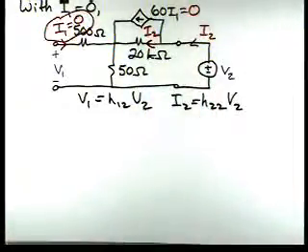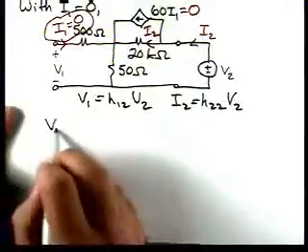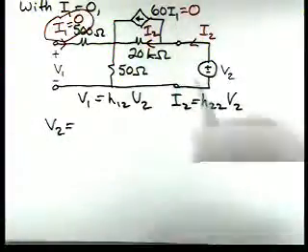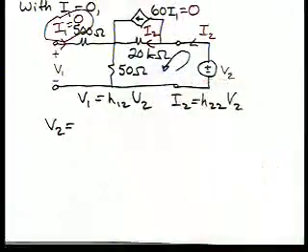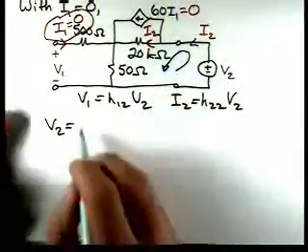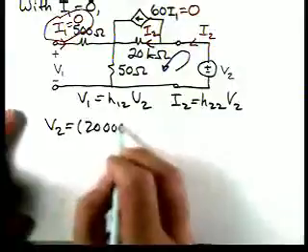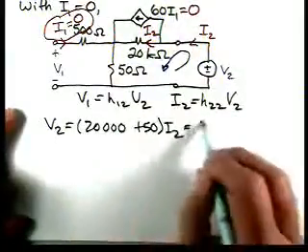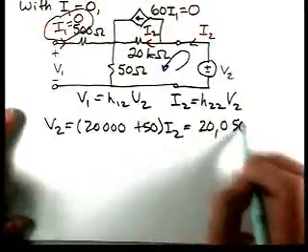So if we look, then V2, by applying KVL around this loop, V2 is 20,000 plus 50 times I2.